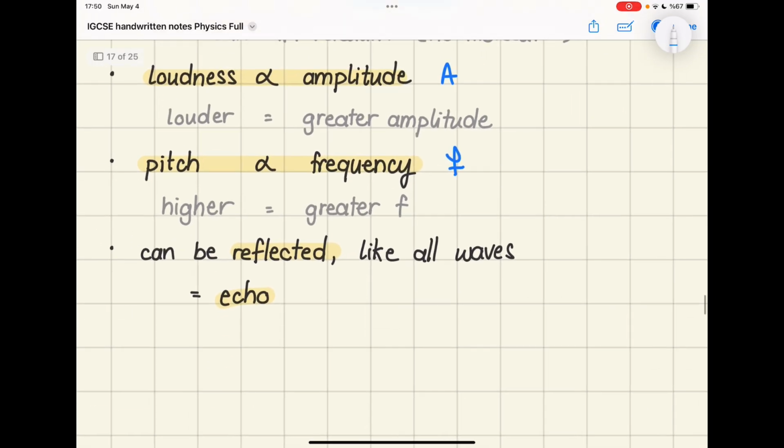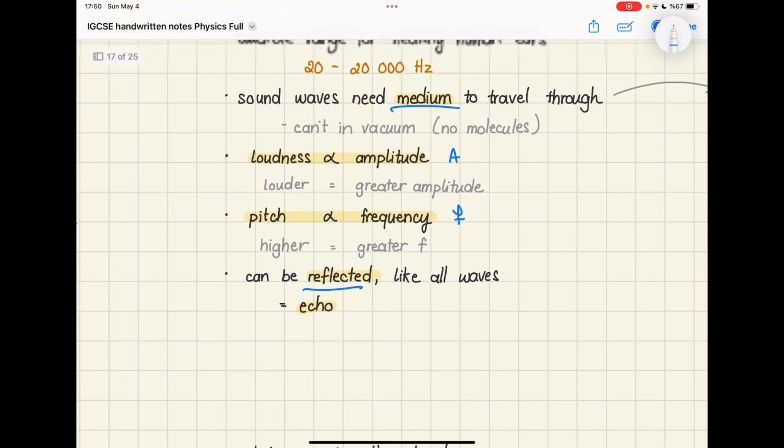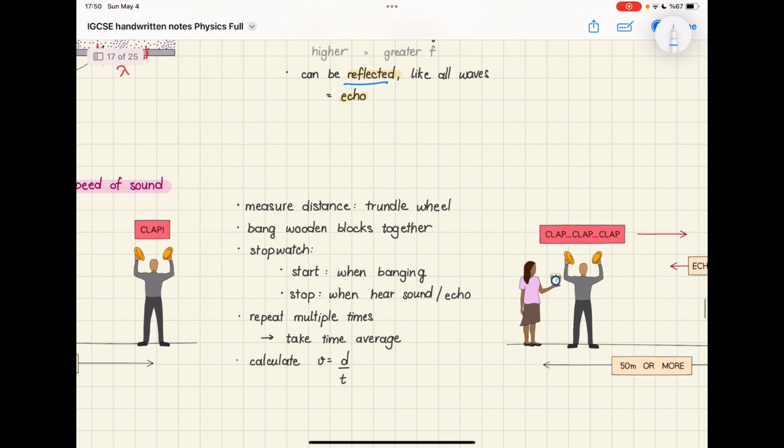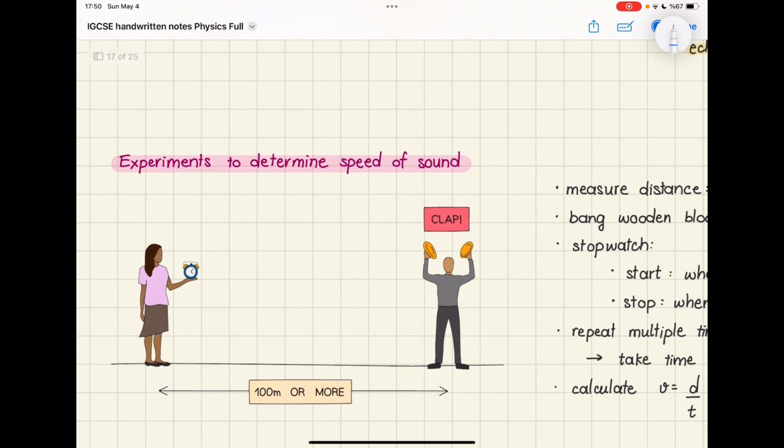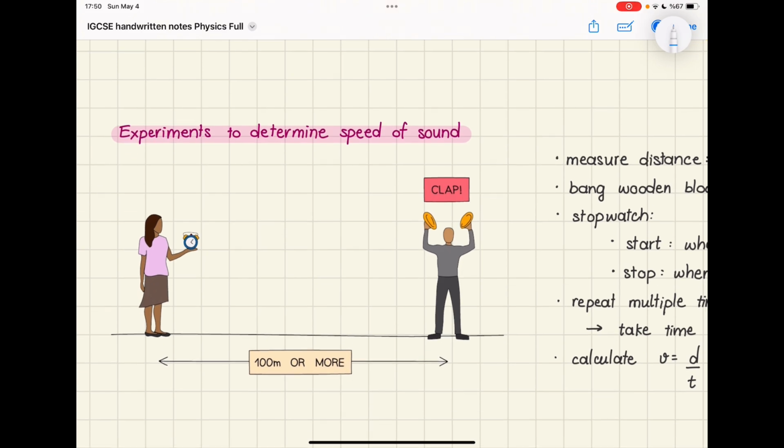Sound can be reflected, like always, which results in something called an echo. So here, if we want to do an experiment to determine the speed of sound, we will have to have someone a set distance away from us, and we would have them clap. We would see when the clap happens, and then measure when we hear the clap.